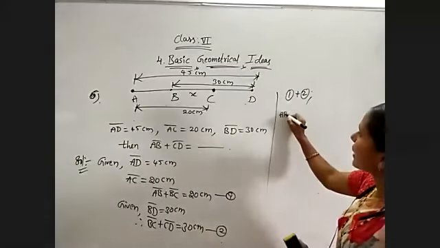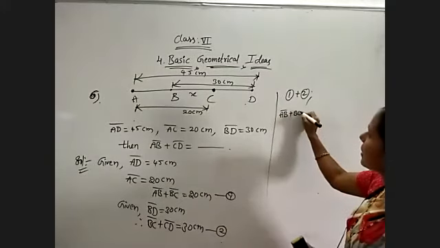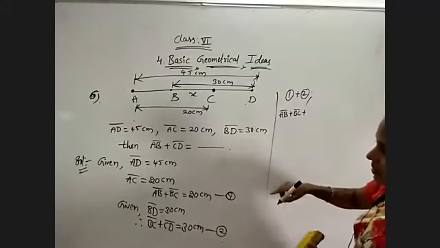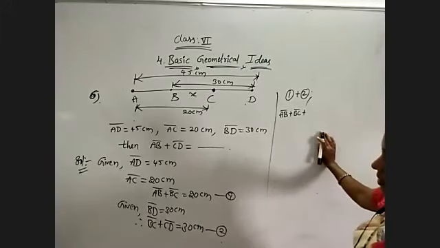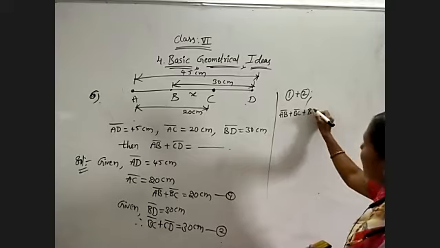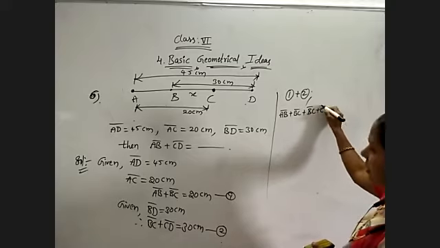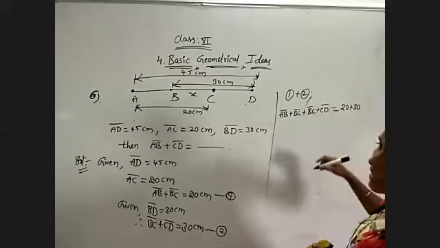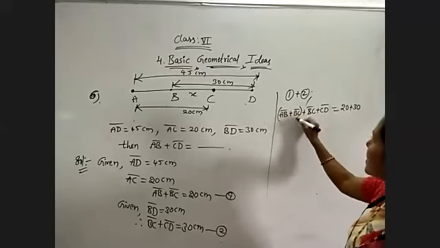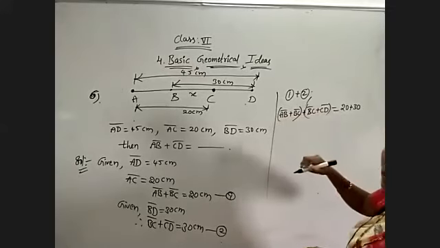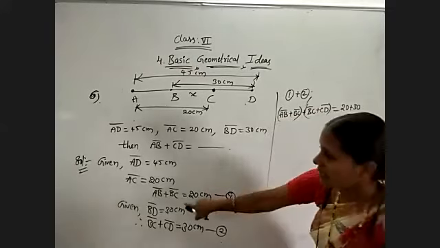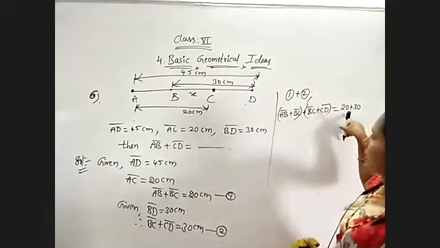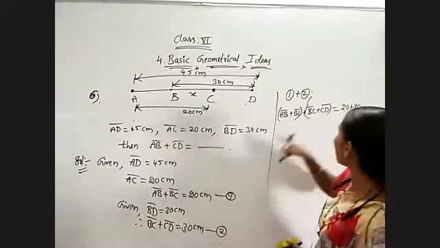AB plus BC plus BC plus CD on the left side is equal to 20 plus 30 on the right side. See, this is the first equation's left side and the second equation's left side. AB plus BC is equal to 20, BC plus CD equal to 30.